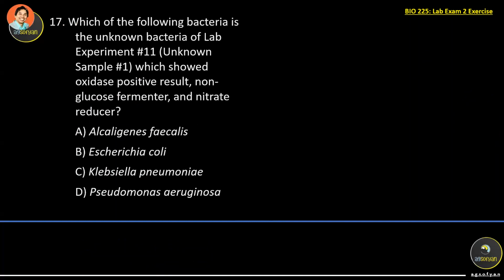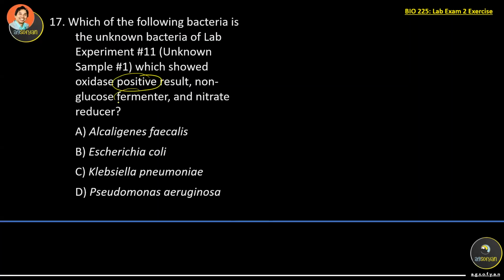Which of the following bacteria is the unknown bacteria of lab experiment 11, unknown sample 1? If you performed experiment 11, you should be able to answer this question. Which shows oxidase positive results? Okay, so the Gram stain is gram negative, and then the oxidase is positive.